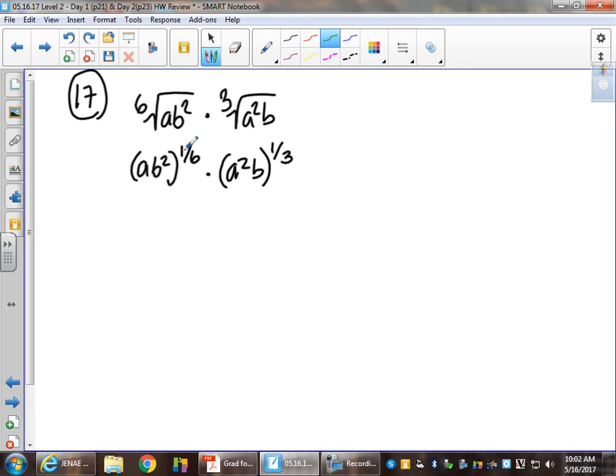It's now time to use power of a product and distribute in the power. So this becomes A to the 1/6 times B to the 2/6 times A to the 2/3 B to the 1/3.